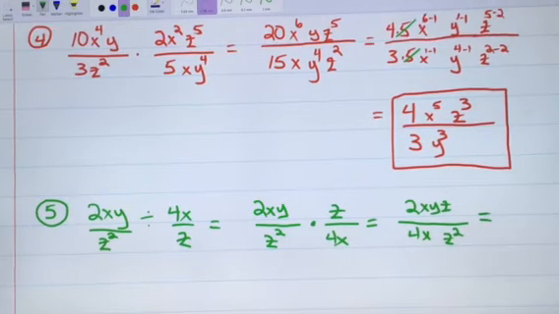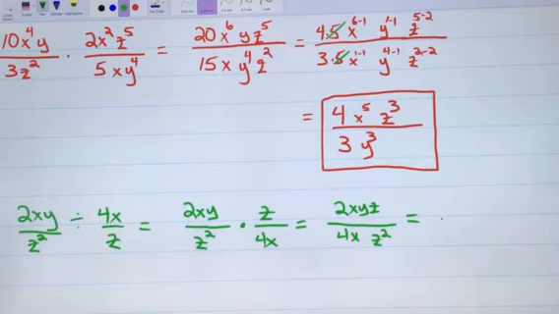And if you notice in the follow through, 2/4 would just go to 1/2. The x's will go out, y is going to remain. As for z, the first order is going to go out. So we'll end up with y and 2 times z to the 2 minus 1, so that's going to be y over 2z.